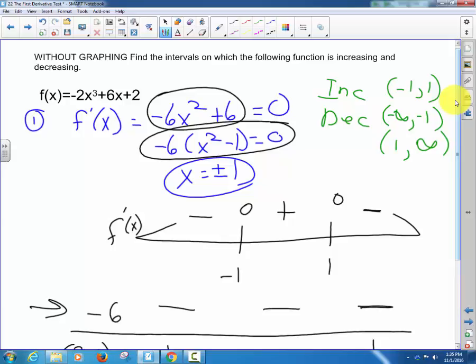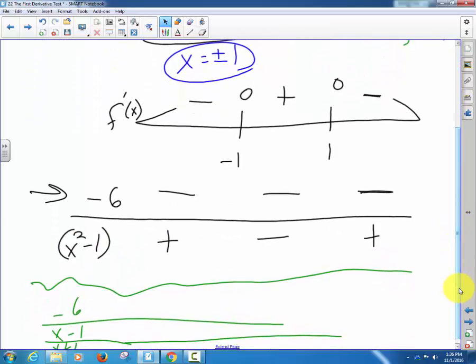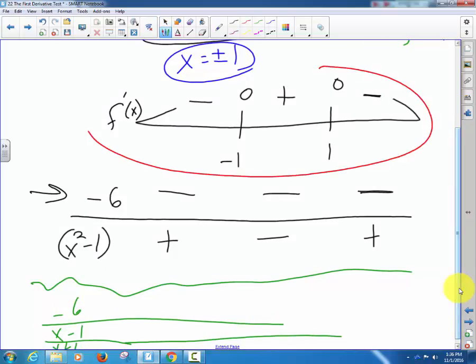Now, can you figure out the maxes and mins from that? Can you figure out relative max and relative min from what you got there? Is this right here enough information for you to say that's a relative max or relative min?